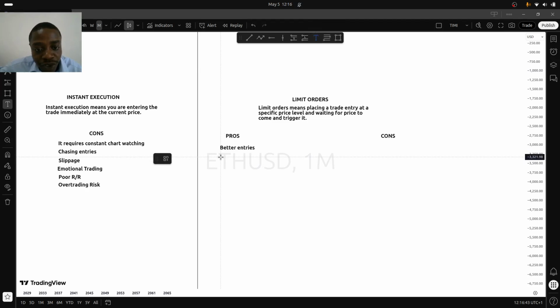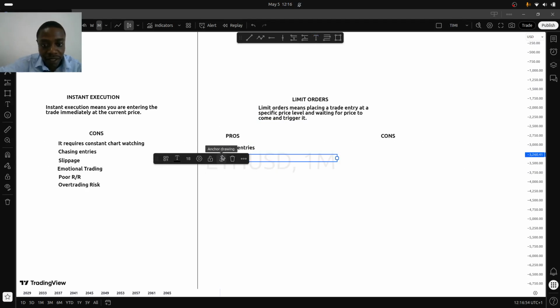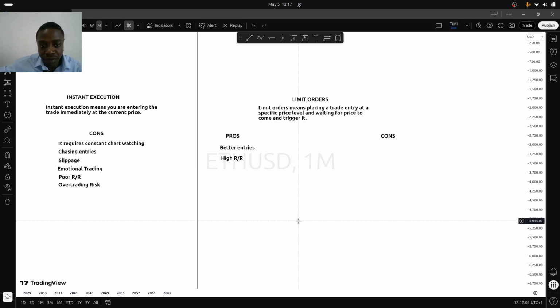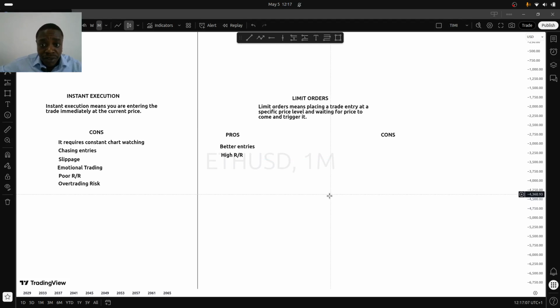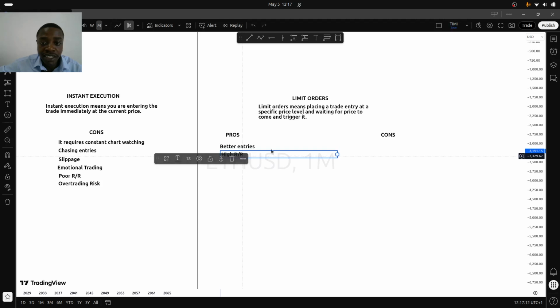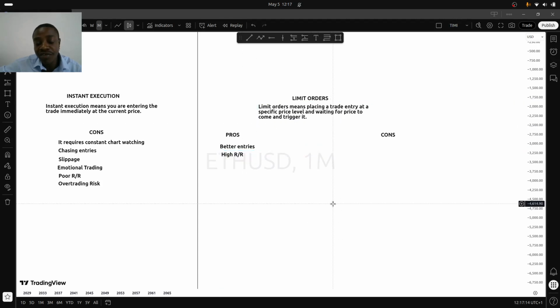Another pro is that you have a high risk to reward ratio. In this scenario, you have already planned the trade.